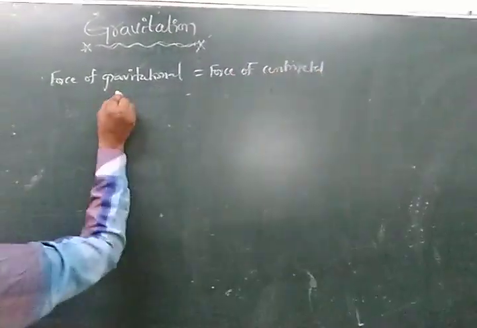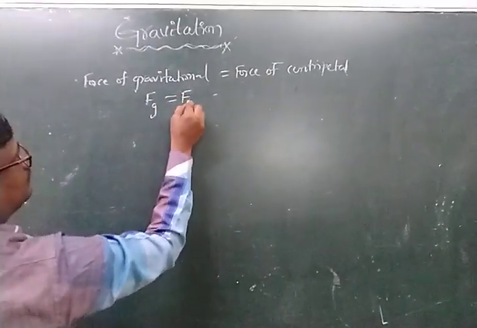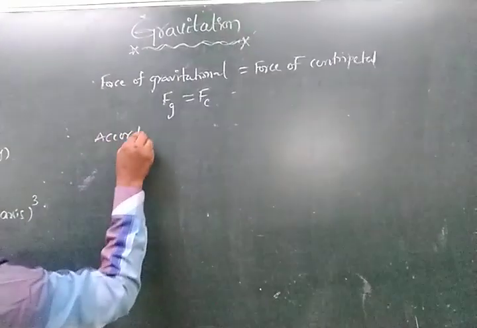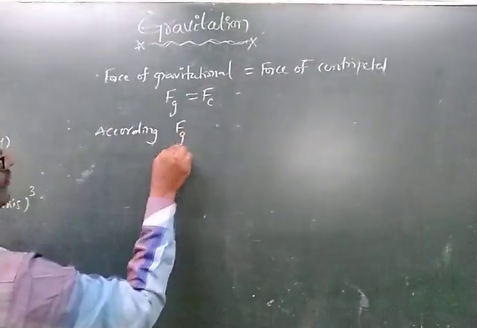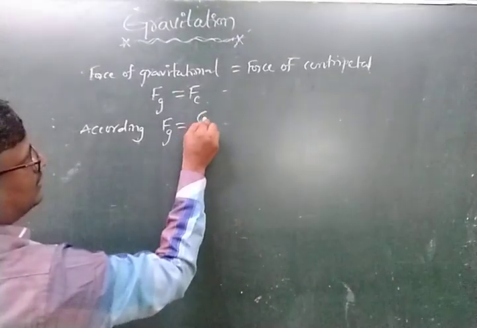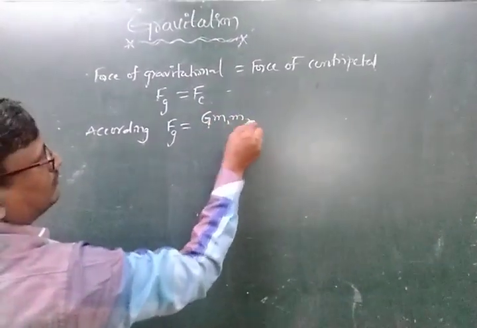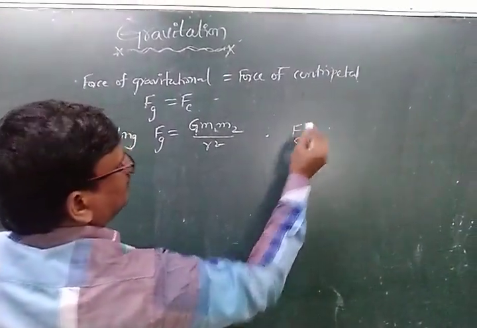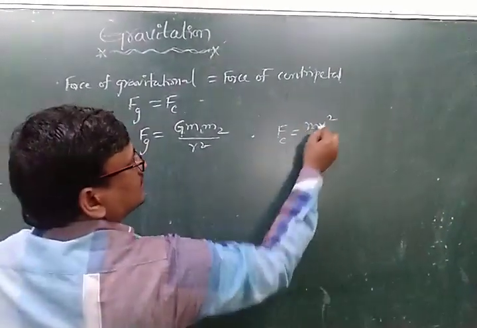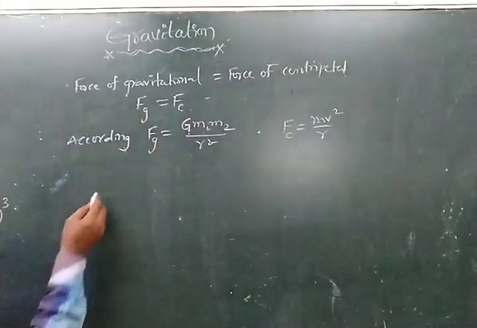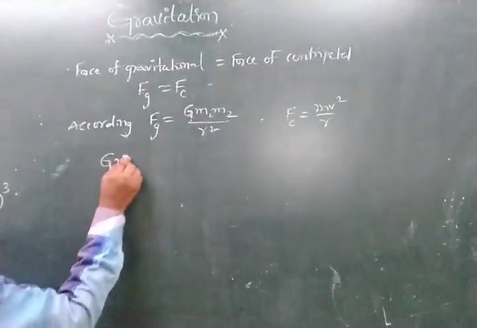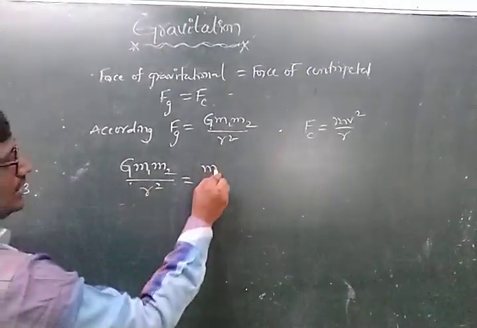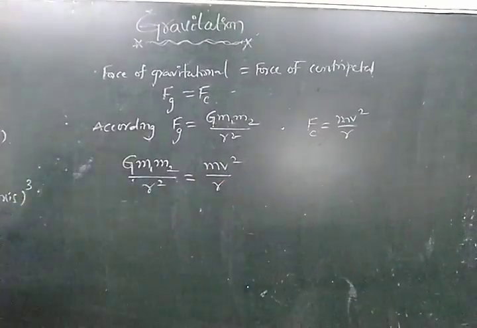Here Fg is equal to Fc. According to gravitation, what is the formula for Fg? It is G m1 m2 by r square, and the centripetal force Fc is equal to m v square by r. These two values we substitute here. G m1 m2 by r square is equal to m v square by r.